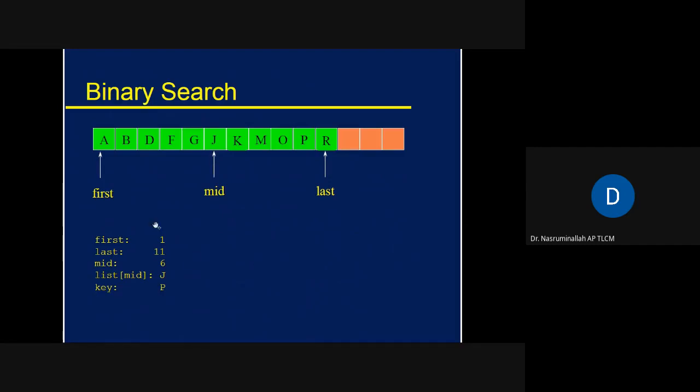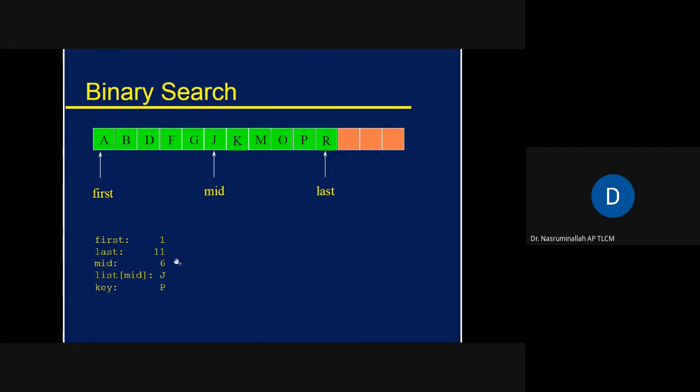So we will initialize based on the green data and the arrows given to the different bounds. We will define these labels. The first is at index 1, the last is at index 11. So first plus last divided by 2 is 11 plus 1 divided by 2, which is 6. So the mid is pointing to the 6th element.